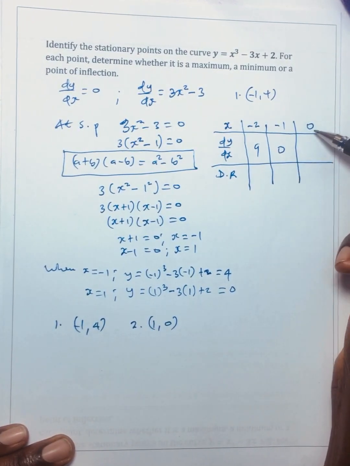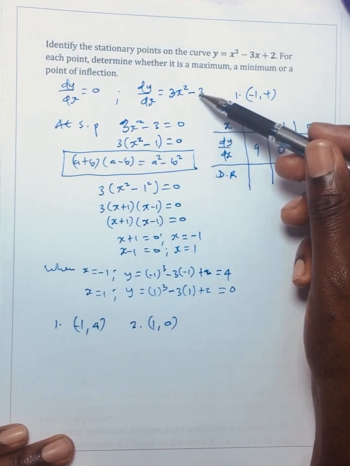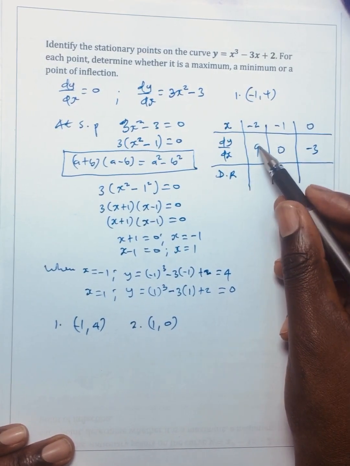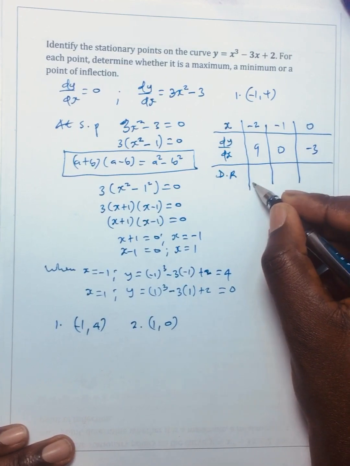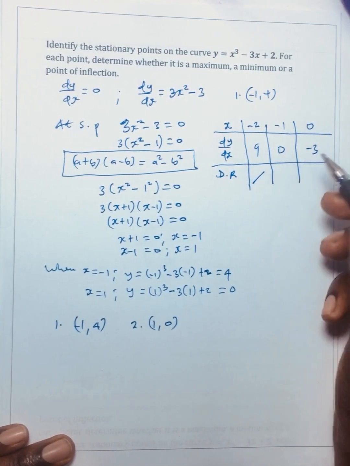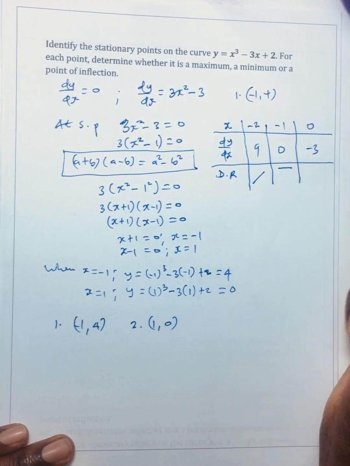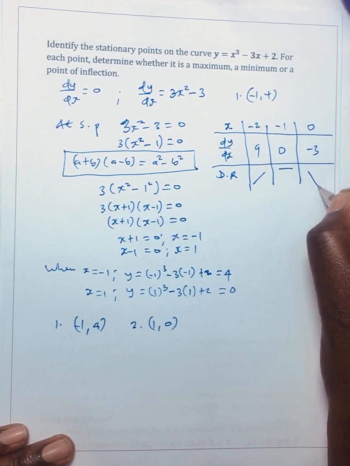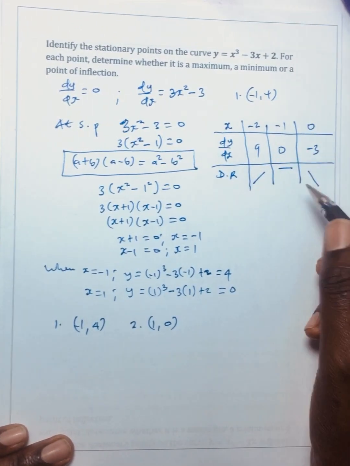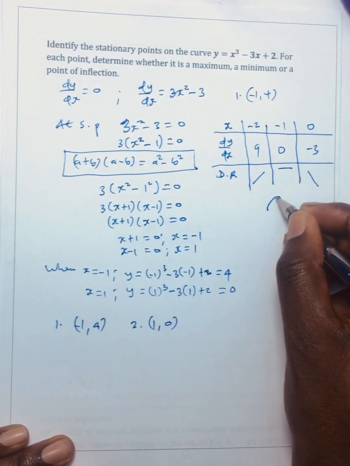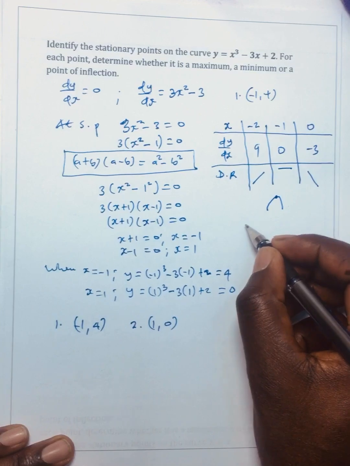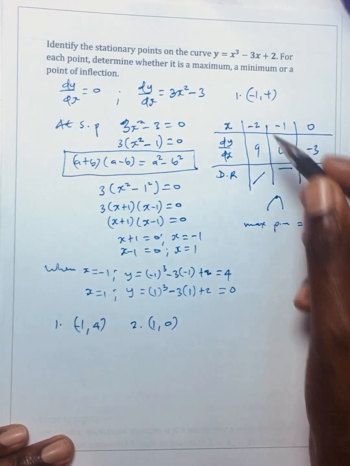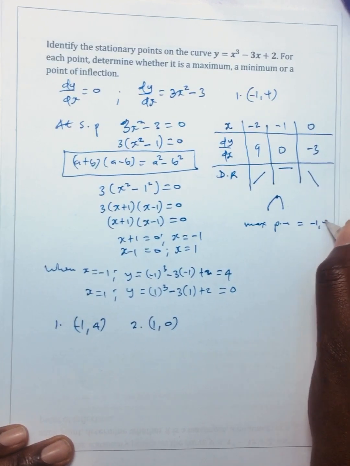And when x is 0, we have 0 minus 3, which is minus 3. So when this is positive, we have a positive gradient, and then we have a 0 for the gradient there, and then when it is negative, we have a negative gradient. So it means that this is the maximum point because it goes like that. So our maximum point is negative 1, 4.